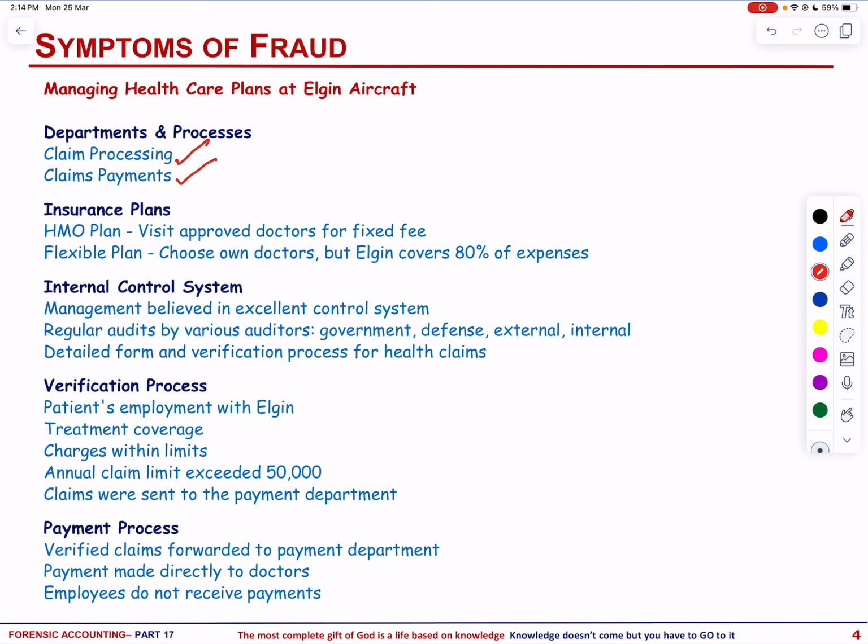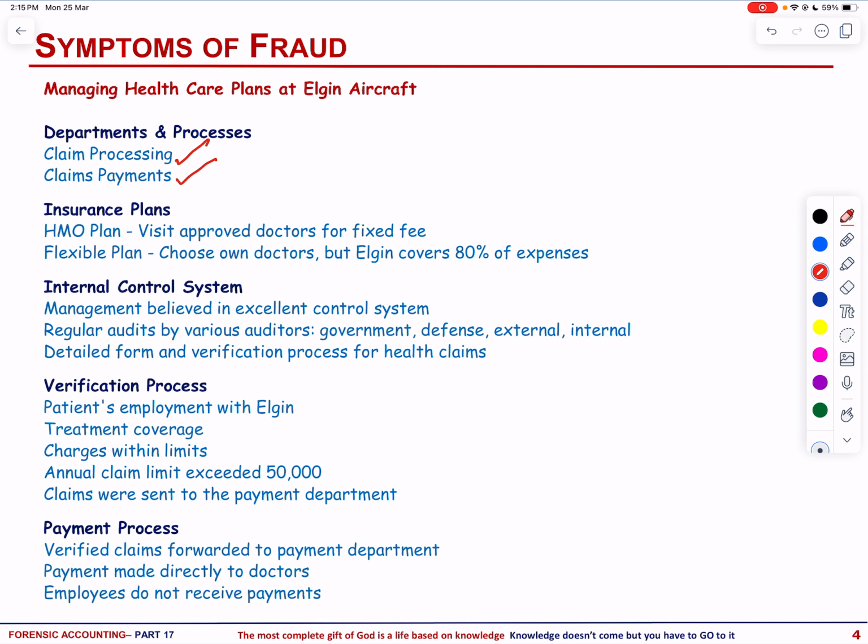Claims valued at less than 50,000 were managed internally by Elgin Aircraft. However, claims exceeding this threshold were forwarded to an external insurance company. The claims processing department was responsible for validating documentation of payment, after which it was transferred to the claims payment department for approval and disbursement of funds.